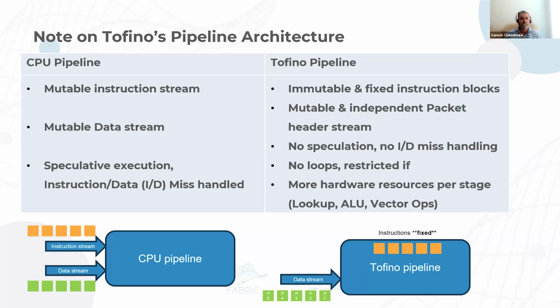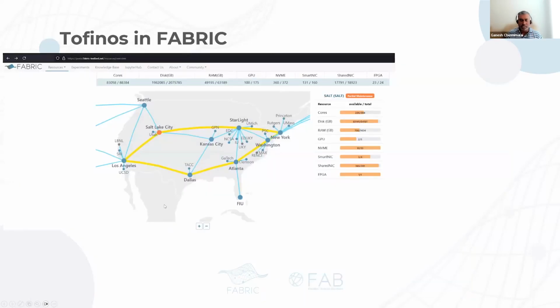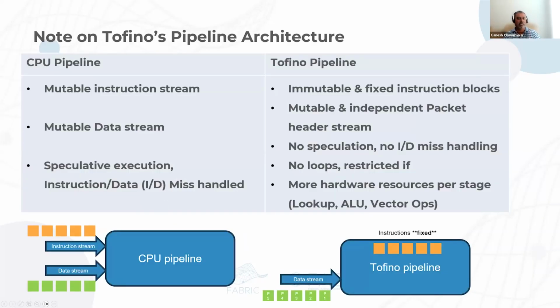So when we look at the CPU pipeline, it is not showing the animation properly, but the main intention here is the instruction stream that you see on the left-hand side of the CPU pipeline and the data stream. They both are streams, and they move across the CPU pipeline with the instruction matching the data and producing the results.